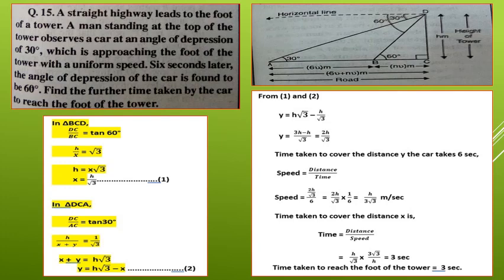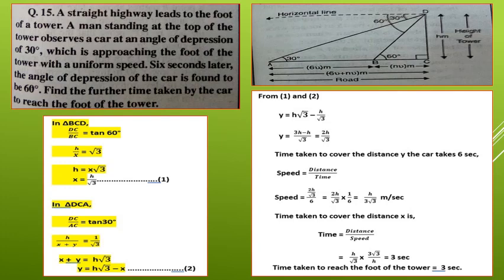The car is moving with a uniform speed. So now we know the speed and the distance X between B and C. Now we can find the time taken to reach the foot of the tower. Time is equal to distance by speed.